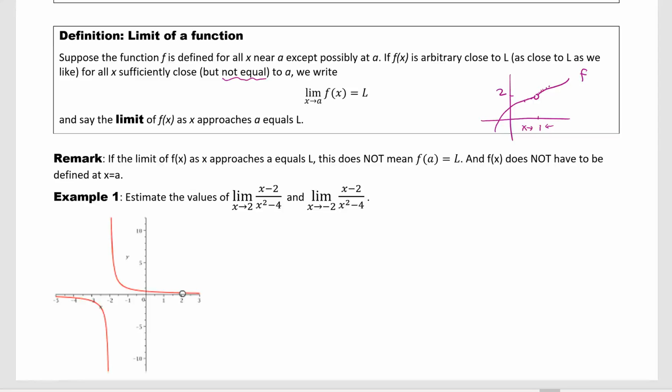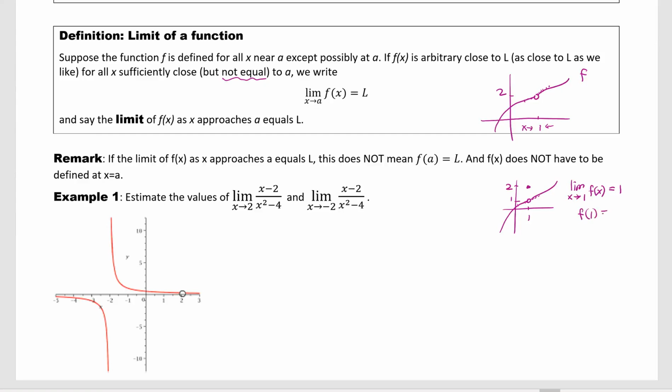So, for example, let's look at this picture. In this case, what does that mean? Well, the limit as x goes to 1 of f of x, that means when you're near 1, you see your y is getting close to 1.